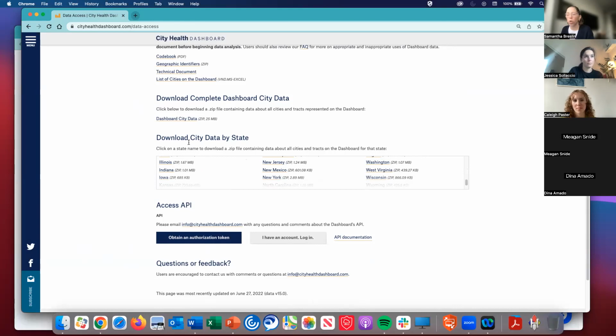All of this is free for users to integrate into their own local data collection, or create their own graphics or data visualizations. We want users to actually integrate it into their work.